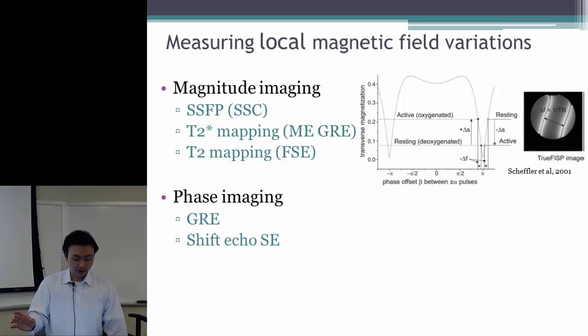So if we shift the spin echo, that means we shift the acquisition window for the spin echo. That means there will be an extra phase development that is not refocused by the refocusing pulse. So in the echo collected, there will be an extra term of phase collected. It becomes a little bit like a gradient echo sequence. So this is a relatively less used method for phase imaging.